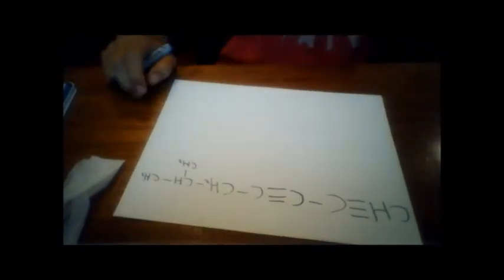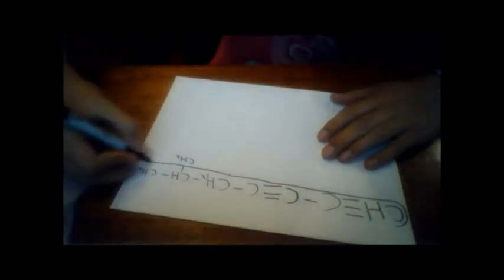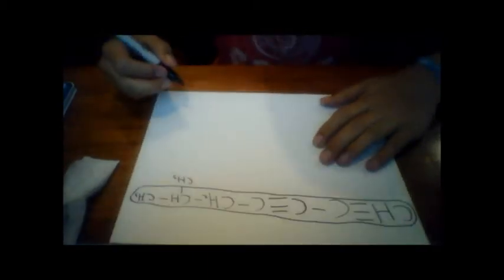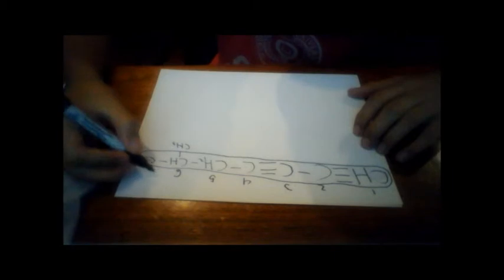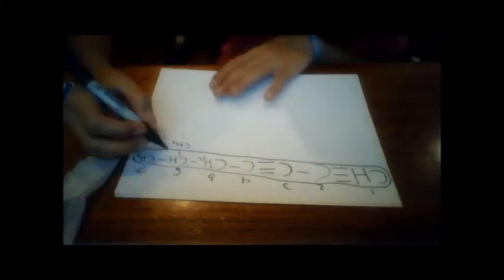Another example will be this. First you have to look for the longest chain with the triple bond, but in this case it's this. Number it 1, 2, 3, 4, 5, 6, and 7. And you have one prefix.